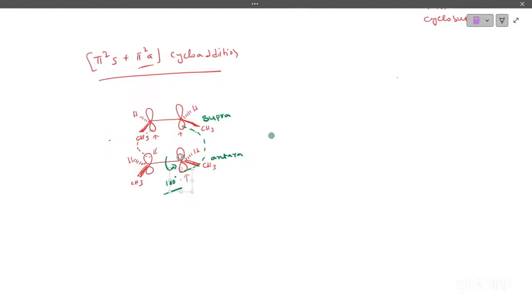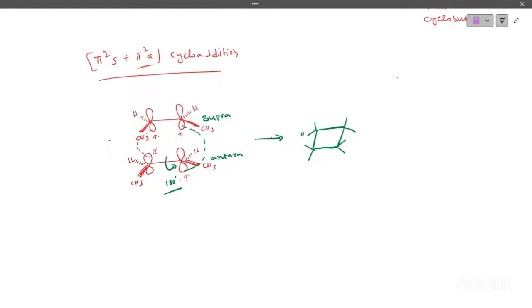Now, what is the product generated here? We can observe the product is, right? Here, with respect to the first pi system, these two places are totally supra.